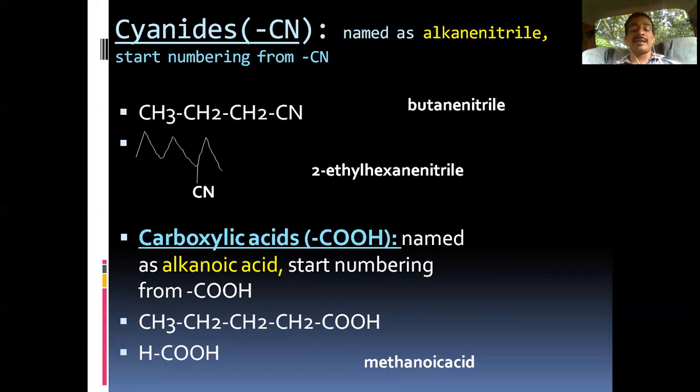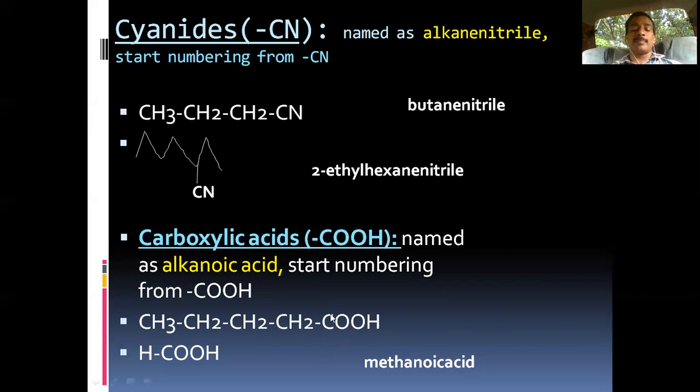The next one is carboxylic acid. Carboxylic acids are named as alkanoic acid. Alkane, the terminal E is replaced by oic acid. Alkanoic acid. The COOH group is also considered a terminal group, so when you start numbering, start from COOH. Here you can see an example.